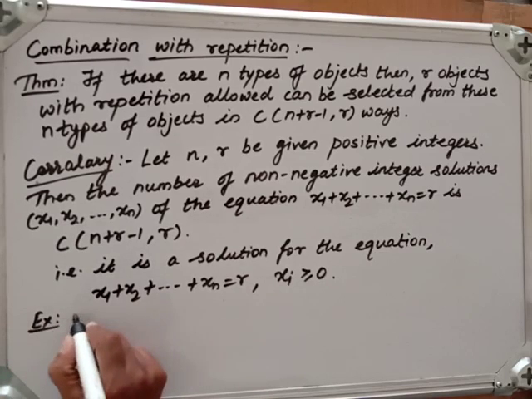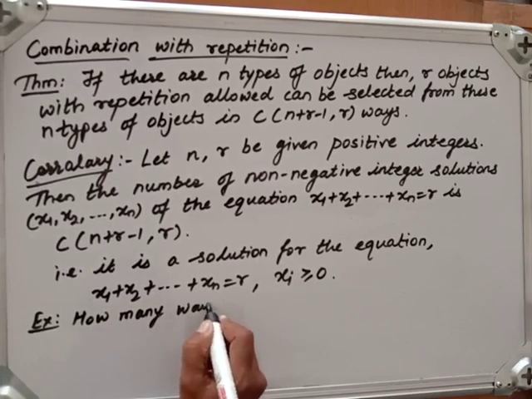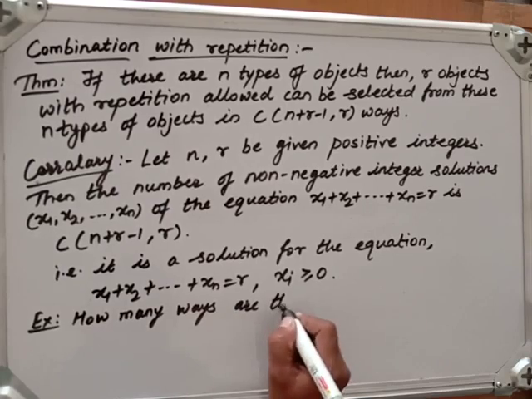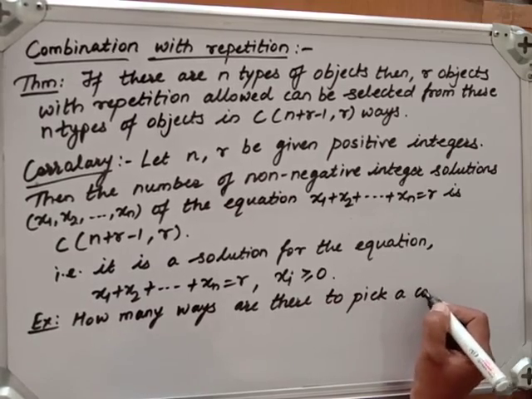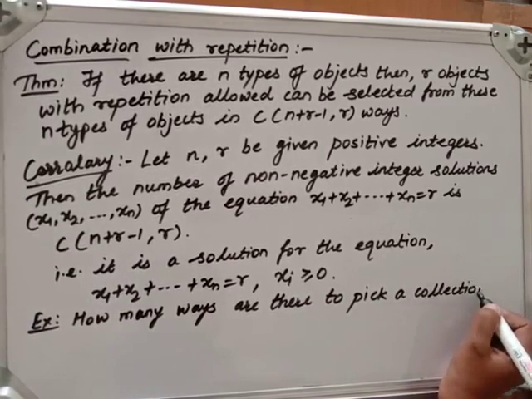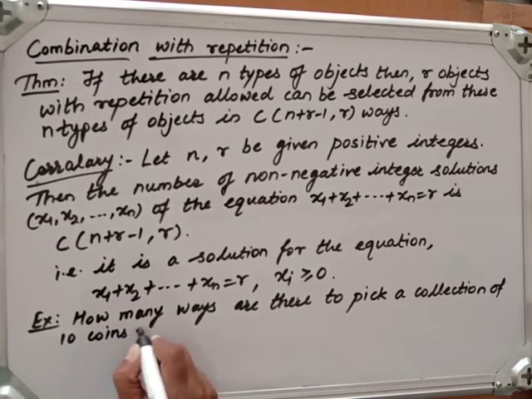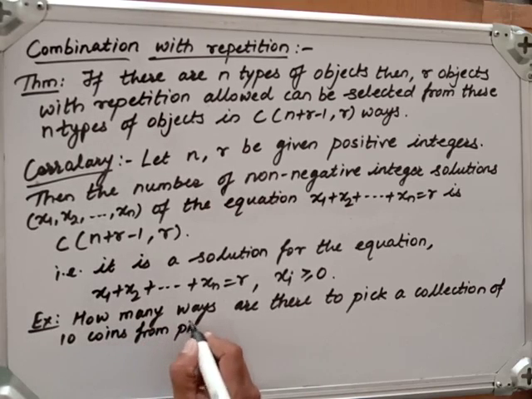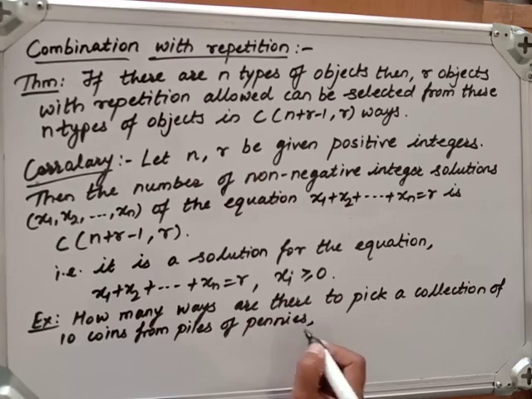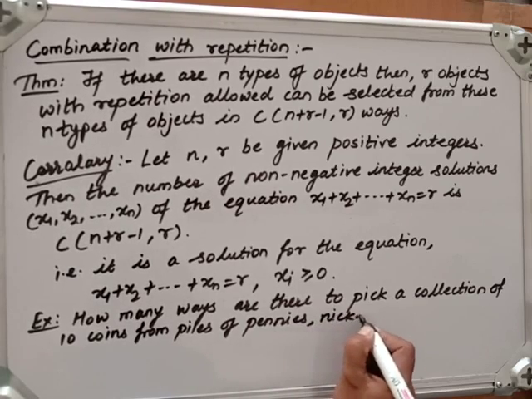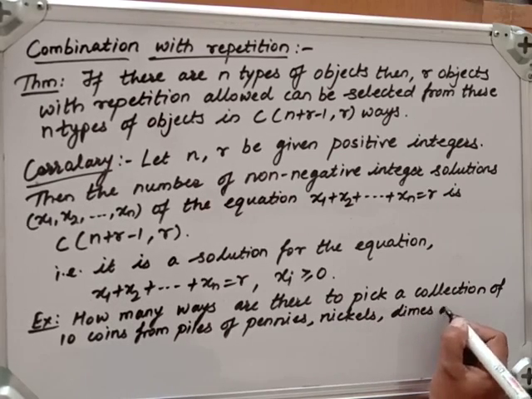Fine. Now let us take an example on this. Suppose how many ways are there to pick a collection of 10 coins from piles of pennies, nickels, dimes and quarters.